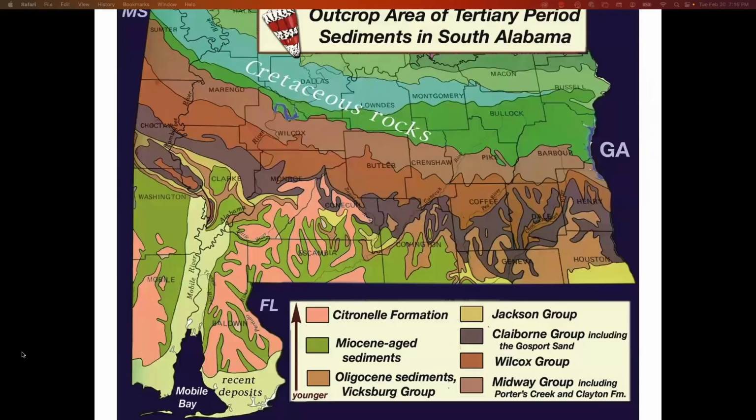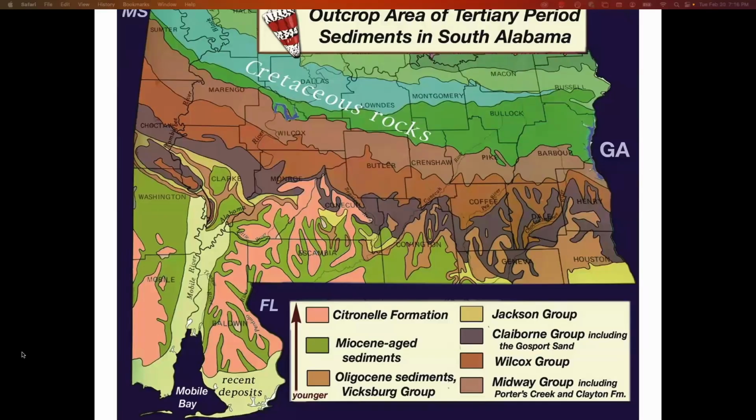All right. Now, let's just take a look at Alabama, at how these epochs of the former Tertiary period, or what we call the Paleogene and Neogene, relate. In Alabama, these are kind of stacked, with the most recent deposits of the Quaternary age down here. We have the Pliocene in pink, what's called the Citronelle Formation.